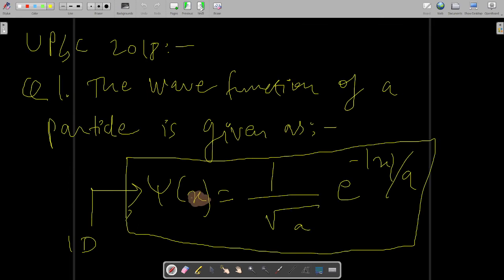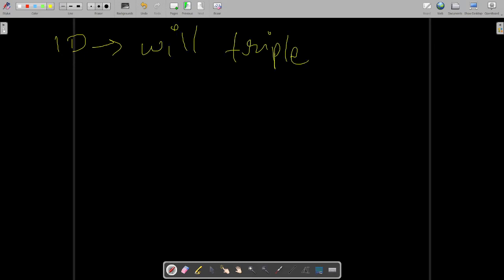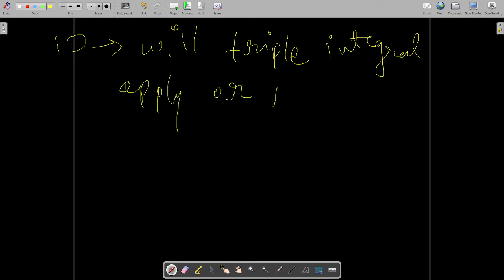Now tell me one thing. This is a one dimensional question, right? Will a triple integral apply, or a single integral?